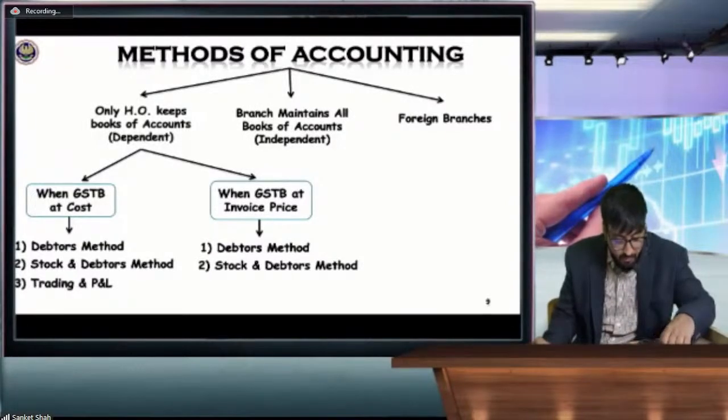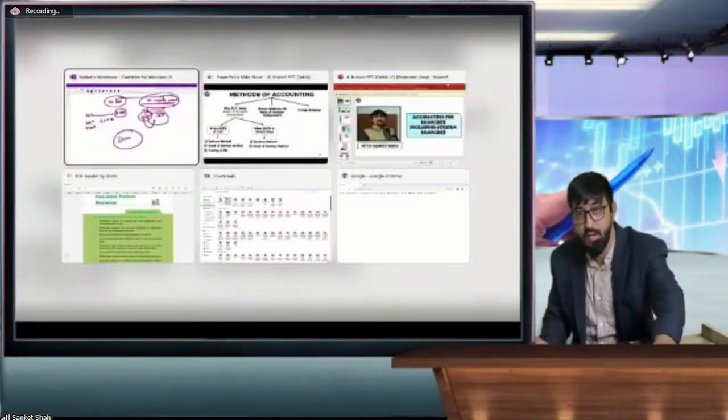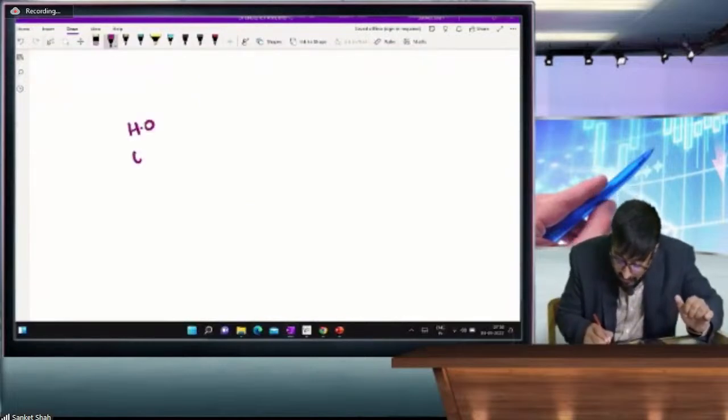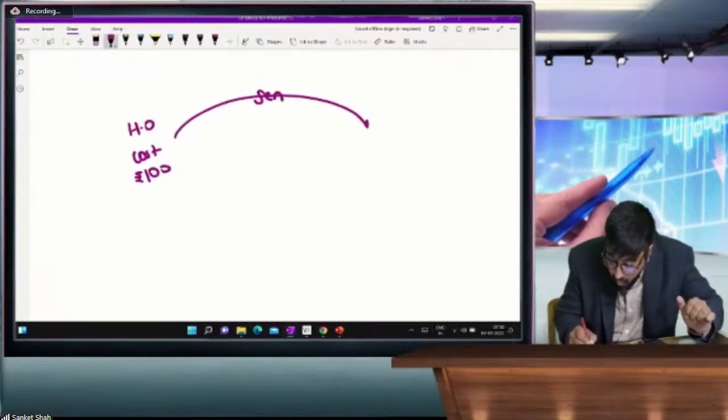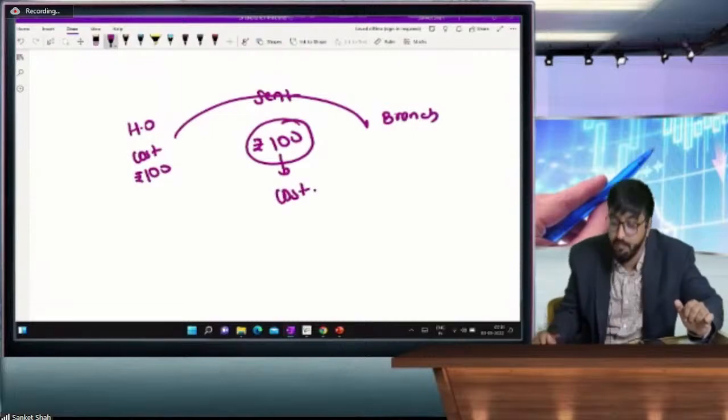Meghna, see, 100 rupees goods. Head office is having goods costing rupees 100. They sent it to branch at rupees 100. So this is called as cost.